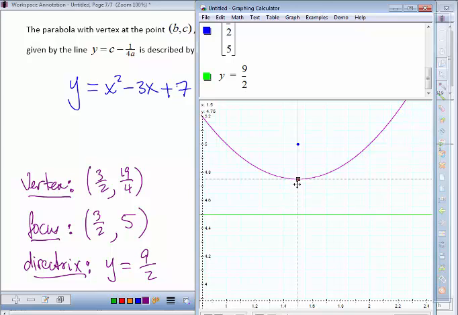If we take a look at any point on this parabola, you can imagine how this distance would look if we measured the distance from the focus to that point on the parabola, and the distance from that point to the directrix. It should be the same distance.